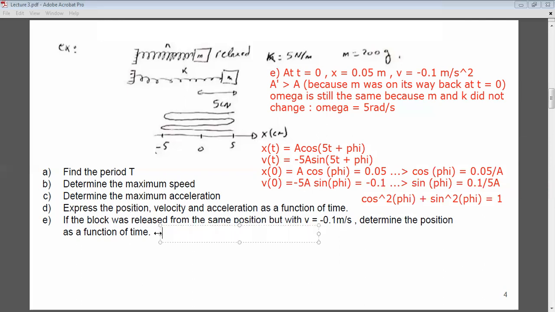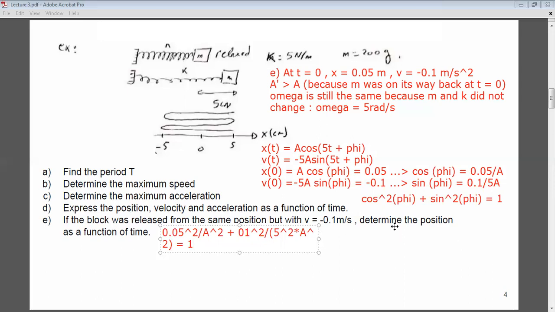So I will continue here: 0.05 over A, so this is 0.05 squared over A squared, plus 0.1 squared over 5 squared times A squared, is equal to 1.